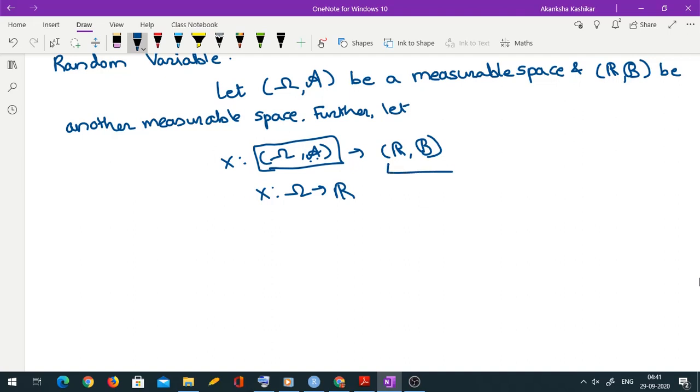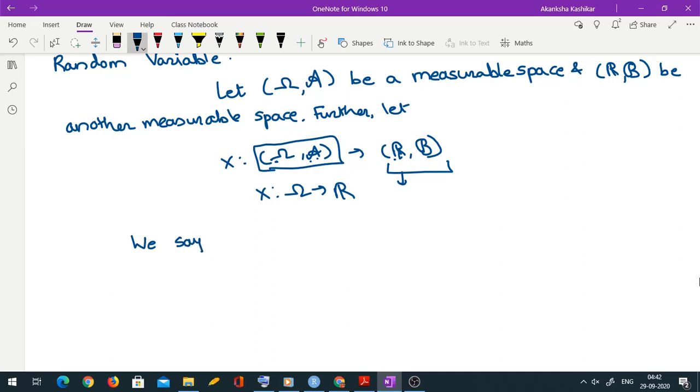What you have to remember is the right hand side always has to be a real thing and a Borel sigma field. Okay, I am not saying now omega 1 and omega 2. I am saying omega and R. So the right hand side always has to be R. So for a random variable, the value always has to be a real number. It can't be head or tail. Okay, so X is omega to R.